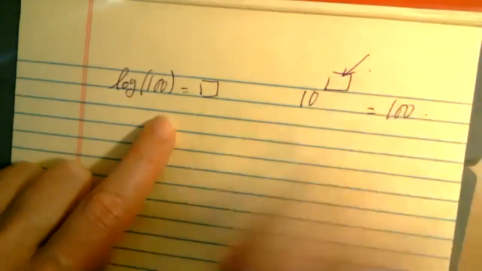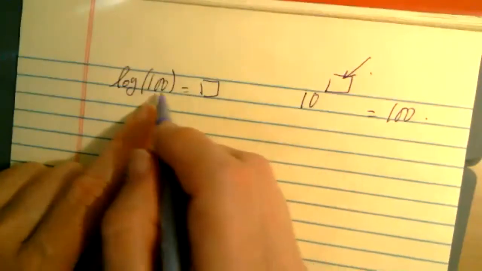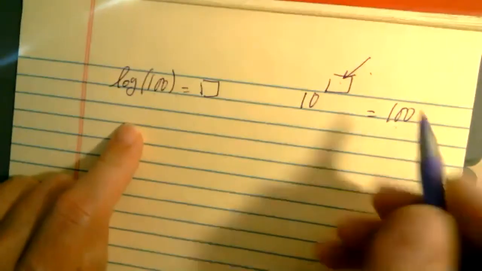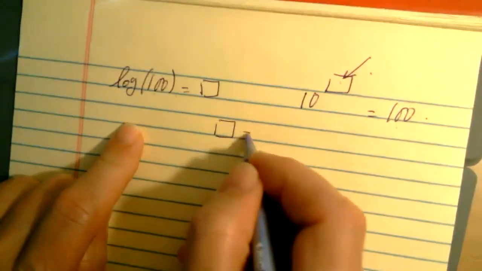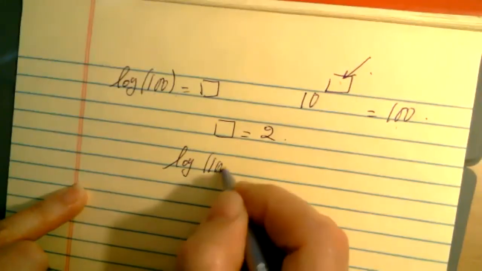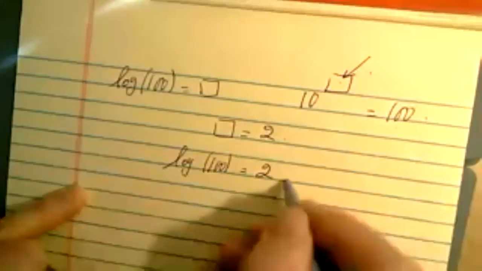That's what the log is. It's this power. Okay, now Roxanne answered this question. I want all of you to answer this question. 10 to which power will give me 100? Second power. To the second power, which means that the log of 100 is equal to 2.